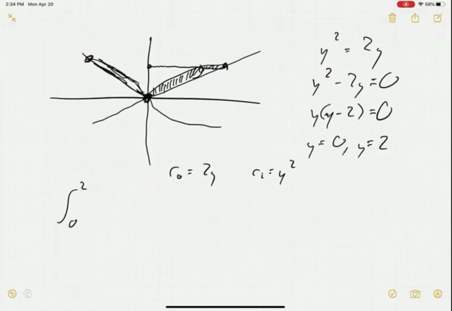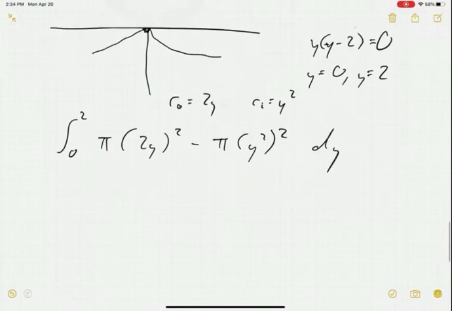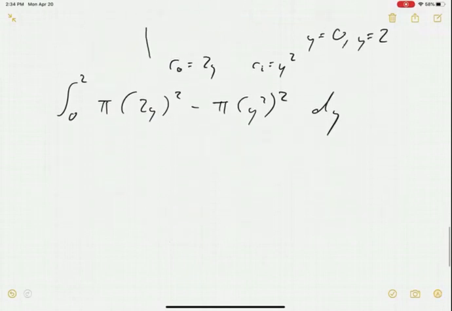My integral should be pi times (2y) squared minus pi times (y squared) squared, dy. Simplifying, I can bring my pi outside.